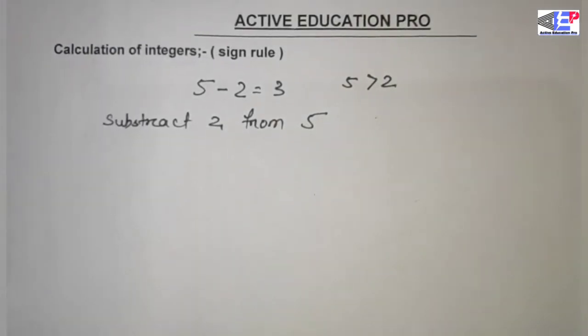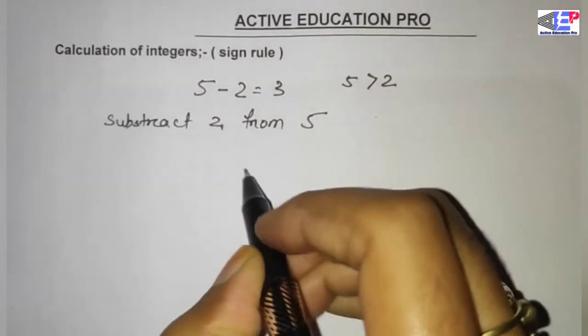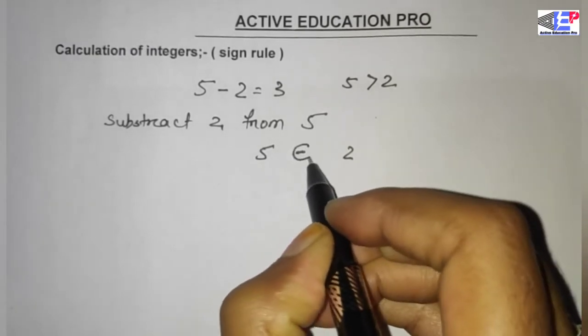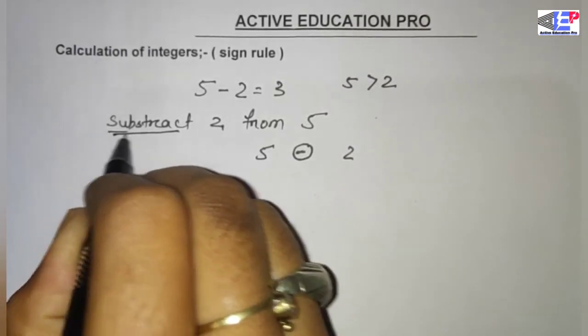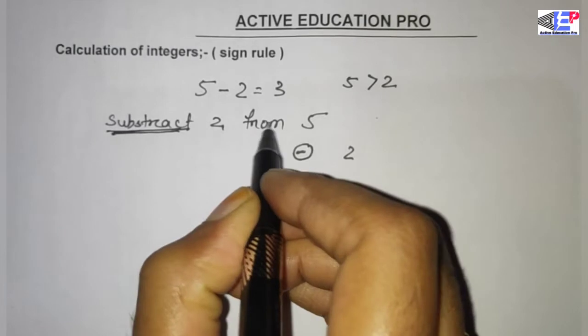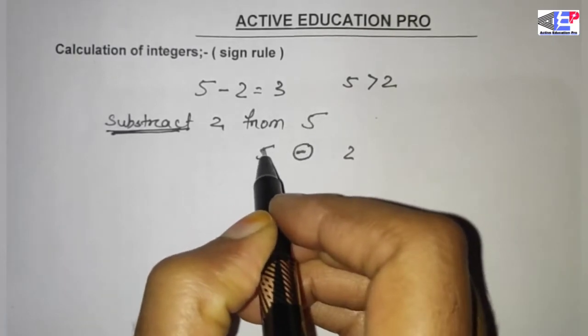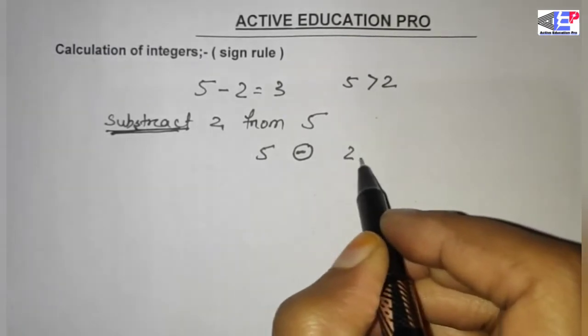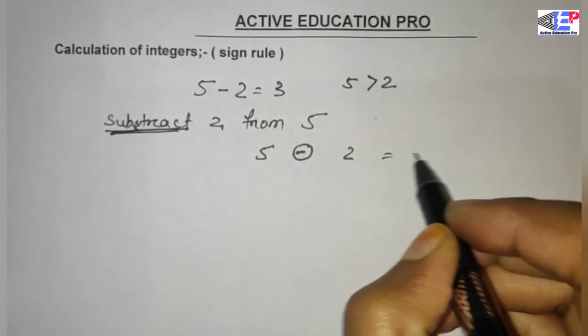Subtract 2 from 5 means 5 minus 2. This minus sign is only for the word subtract. 5 comes first, then minus for subtract, and then 2, the other integer. 5 minus 2 is 3.